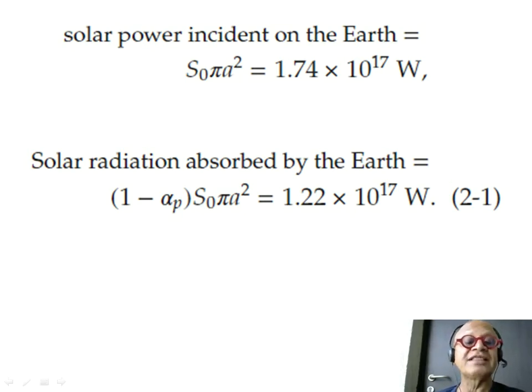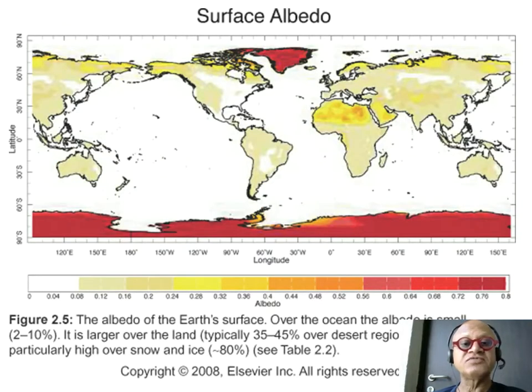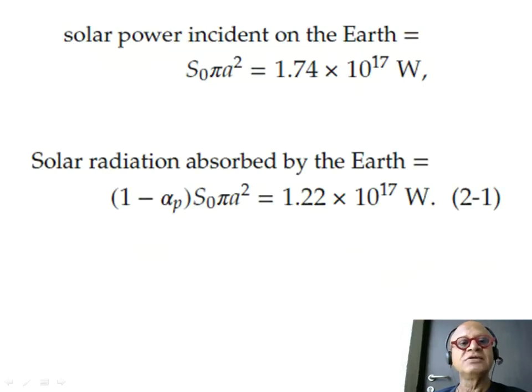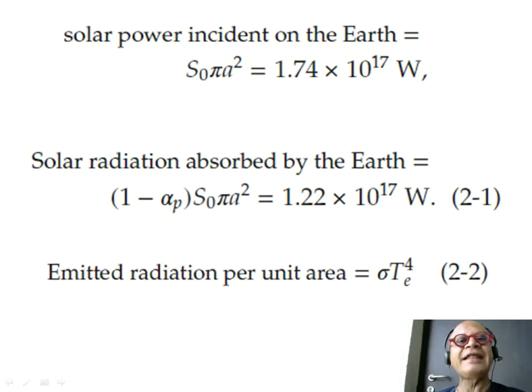If we remember the average albedo of the Earth, since we are doing the whole globe, we average over all these surfaces, which gives us 0.3. That gives you a number of 1.22 times 10 to the 17, and Earth is receiving this energy. Land is getting heated, evaporation is happening over the ocean, clouds are forming, etc. And there is a net loss of energy back to space as a black body.